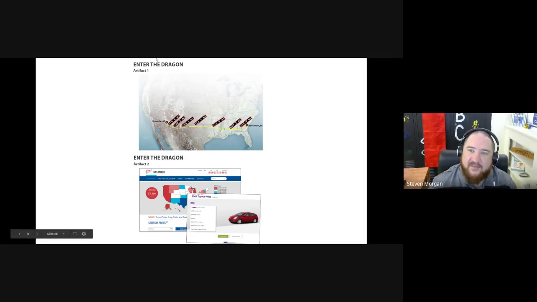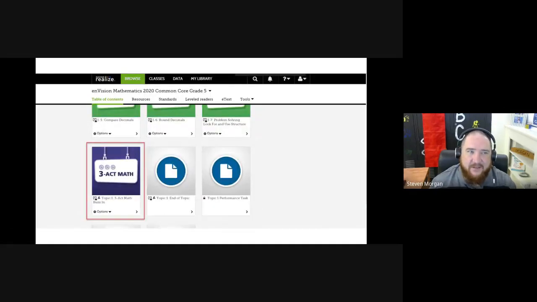And so these are 3-act problems that if you are in middle school, I have a few of them that I would love to share from grades 5 through 8, but we have the ability to do this right out of the gate with the 3-act problems that are available inside of Envision.